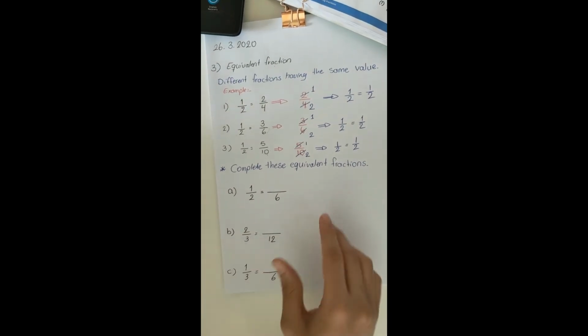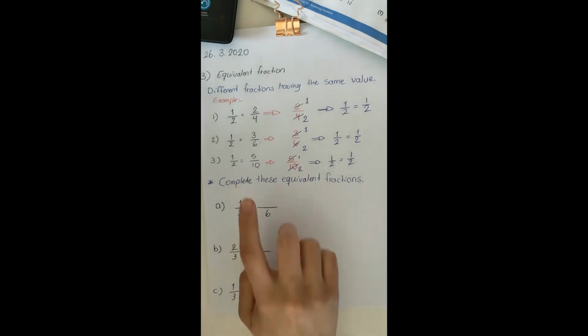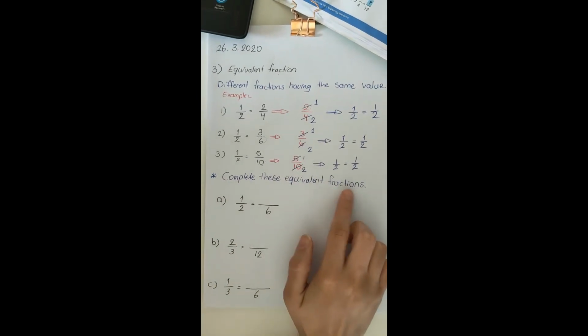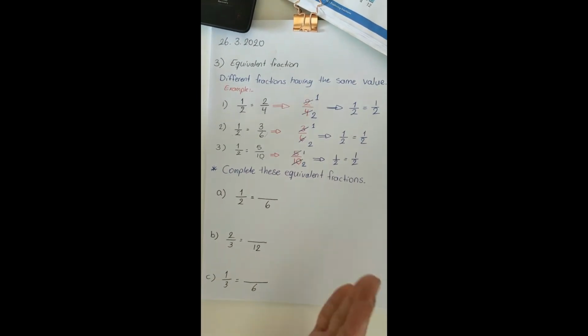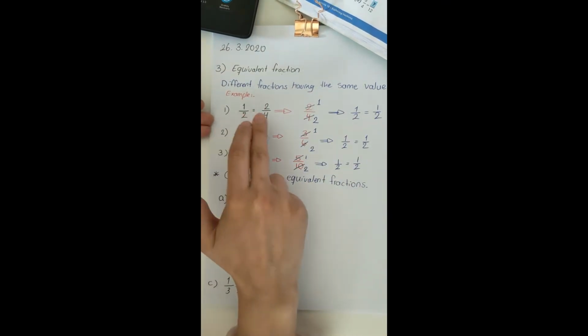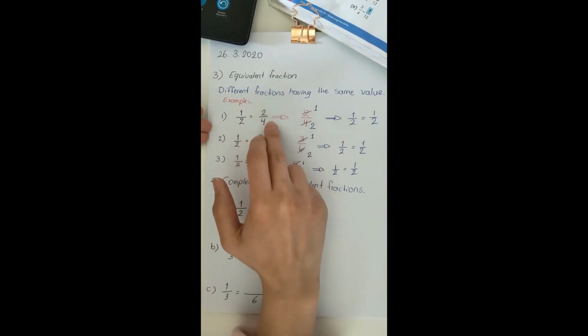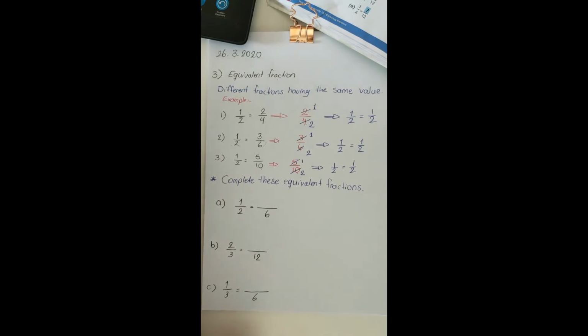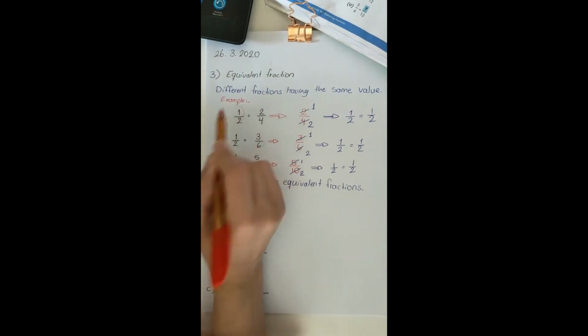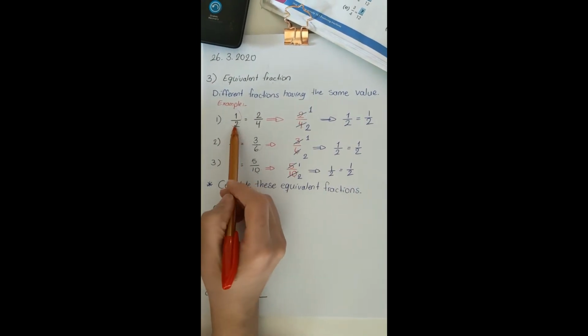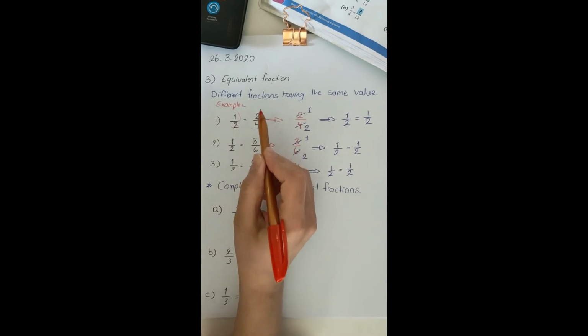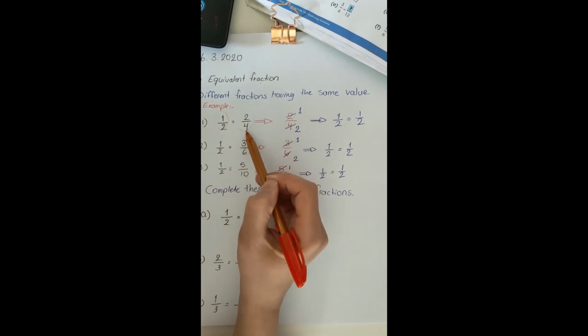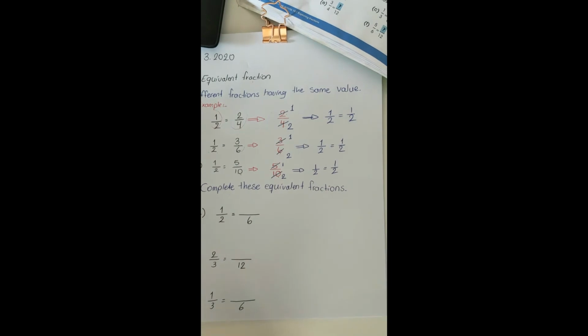Now, I have this question. It says complete these equivalent fractions. Now, before I had 1 over 2 in this side and 2 over 4 in this side. So I had both numerator and denominator for this number, and also I had both numerator and denominator for this number too.